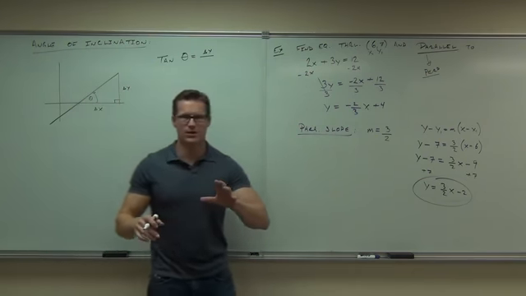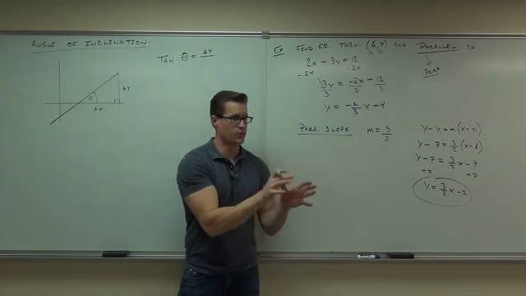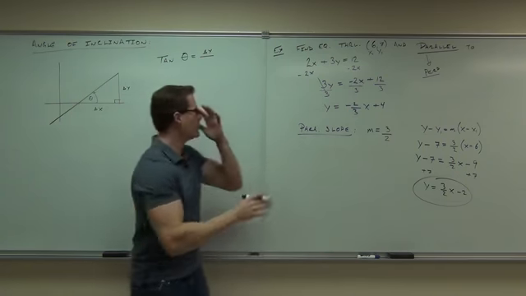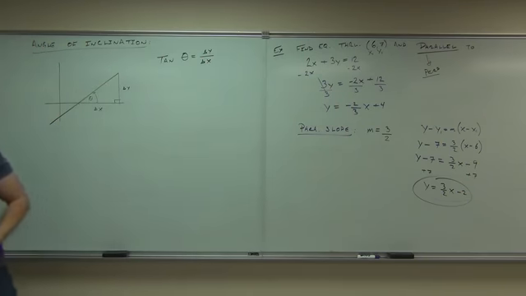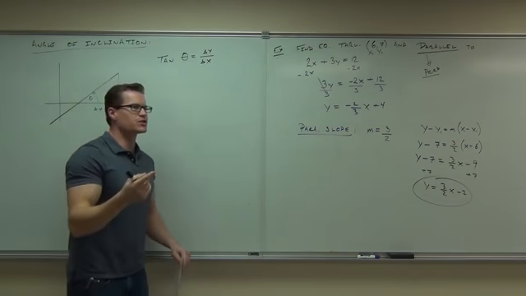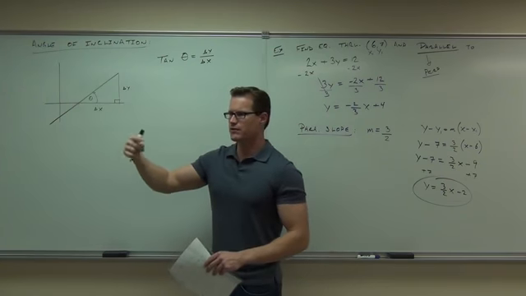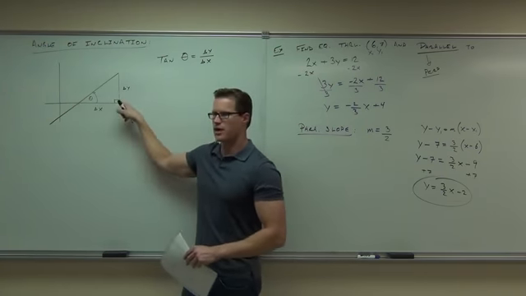Nod your head if you're okay with tan, opposite over adjacent. If you're not, you're definitely going to want to review your trigonometry before attempting this class. We deal with a lot of trigonometry in here. But here's the cool thing. What do we already define as change in y over change in x, or rise over run?